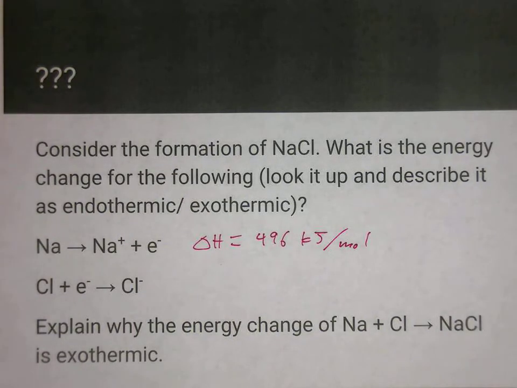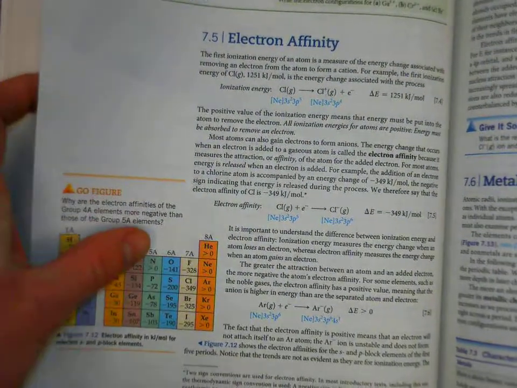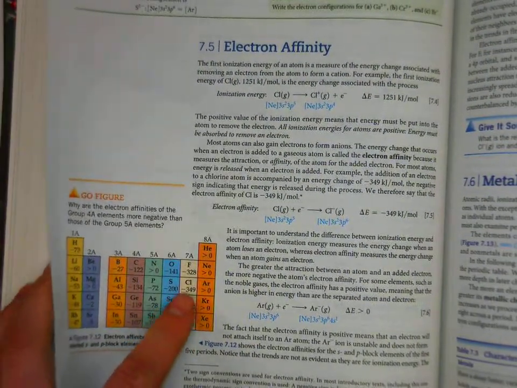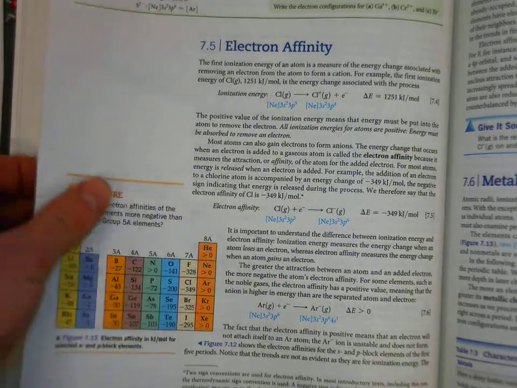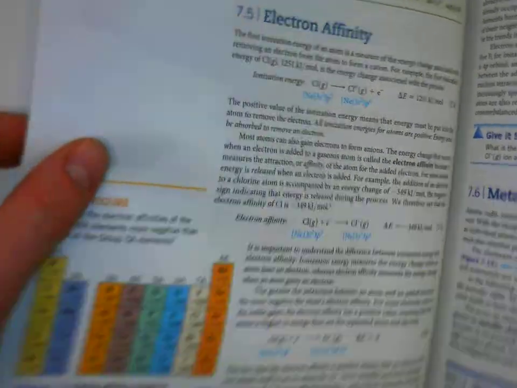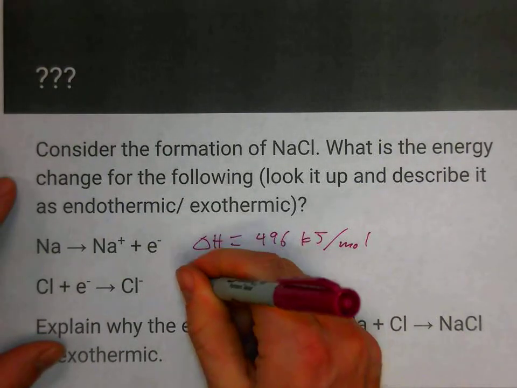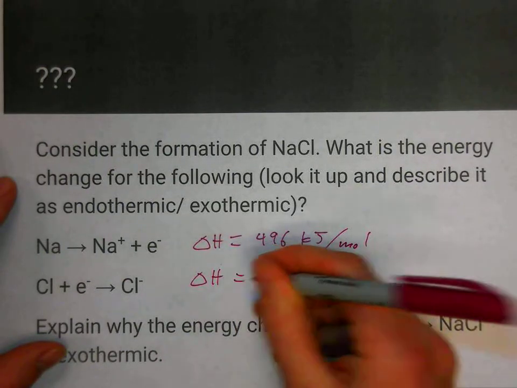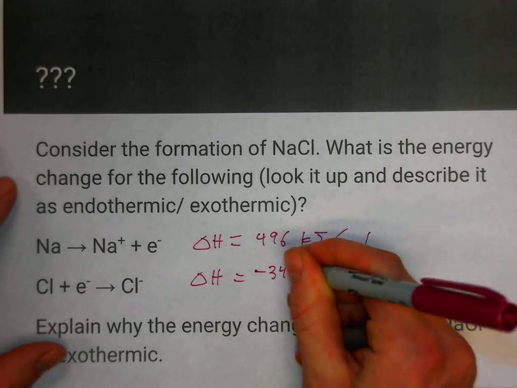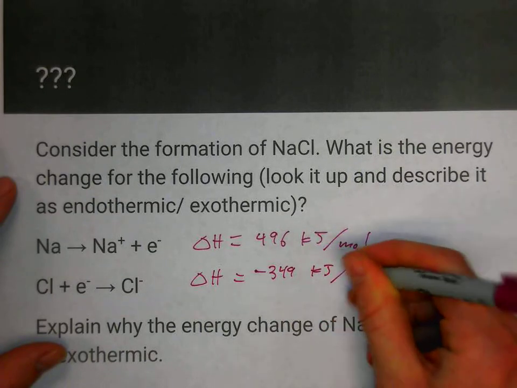So the energy change when an electron gets added to the chlorine, and so that's negative 349 kilojoules per mole.